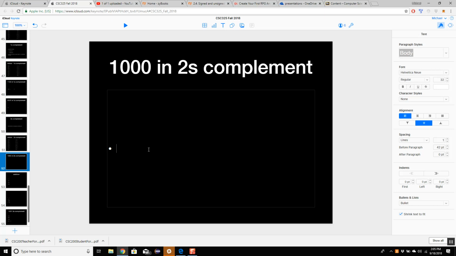First thing we do is we subtract a 1. So 1 0 0 0 minus a 1. 0 minus 1 is negative 1. Can we borrow from here? So how do we do the borrow?